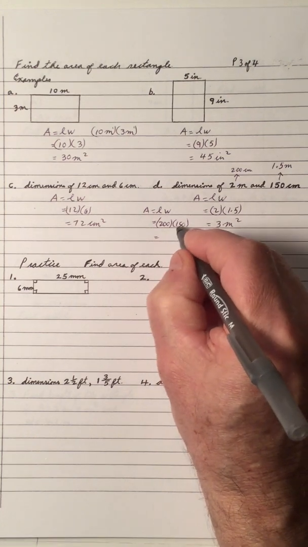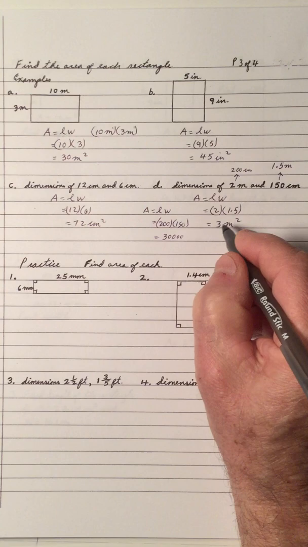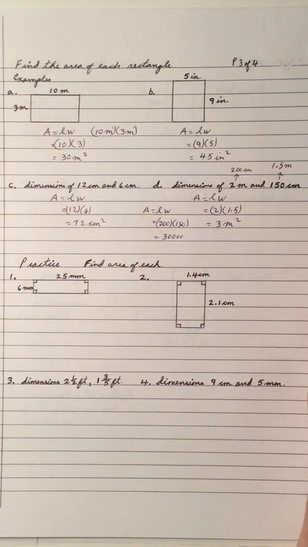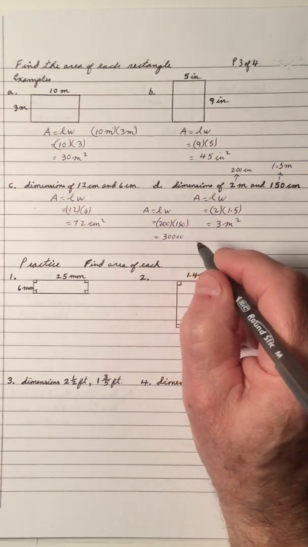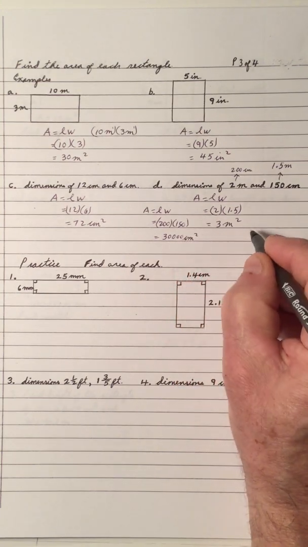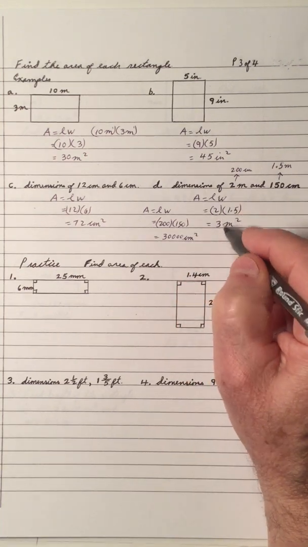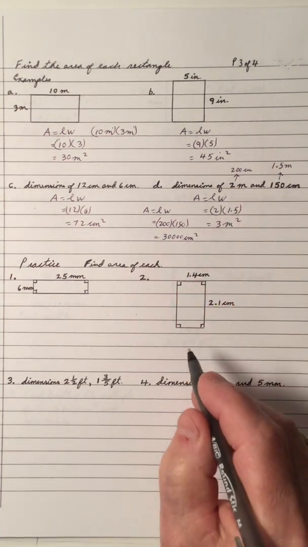If we multiply that, we get 30,000 centimeters squared. Again, it is either or, whatever way you wish. But I do the larger unit, keeps the numbers smaller.